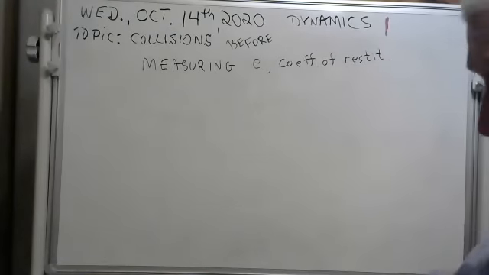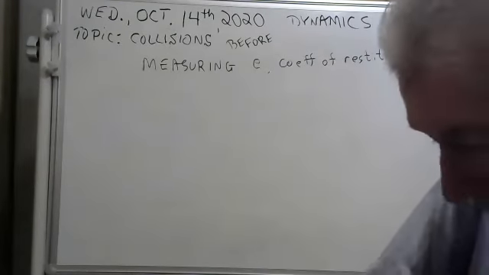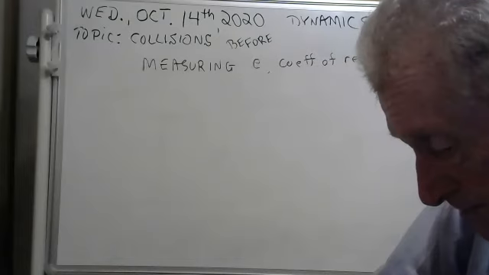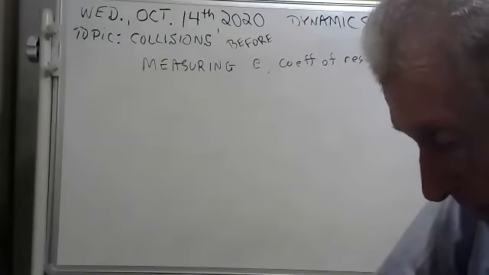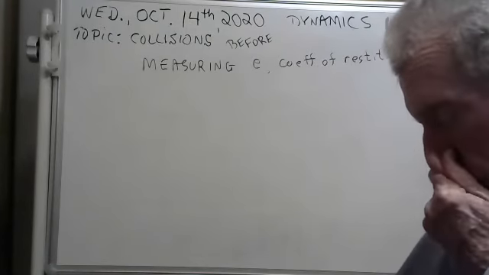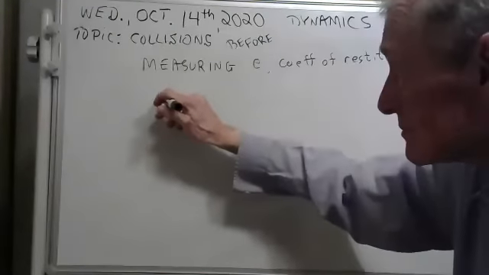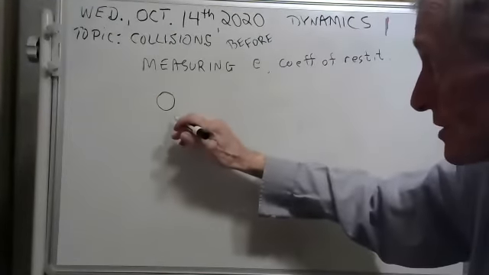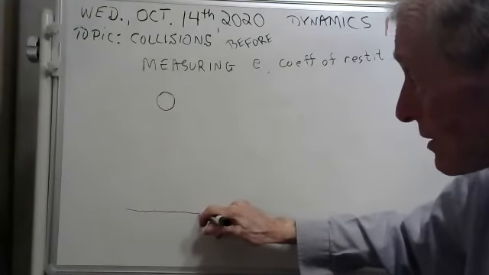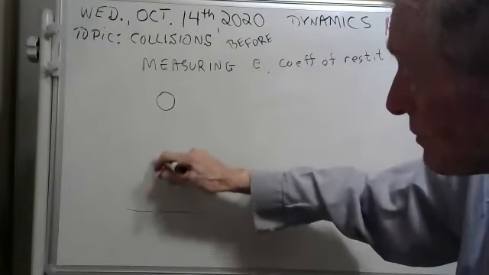Now, how do you measure it? Well, if you take, I don't know, a tennis ball maybe, here's a tennis ball, and let's drop it on the sidewalk, maybe 1 meter.